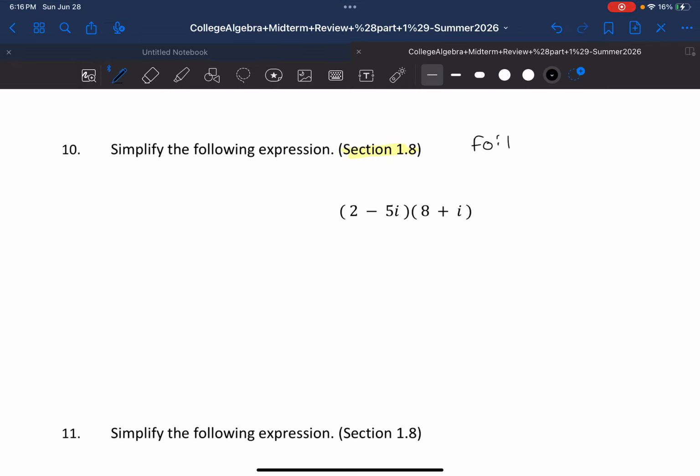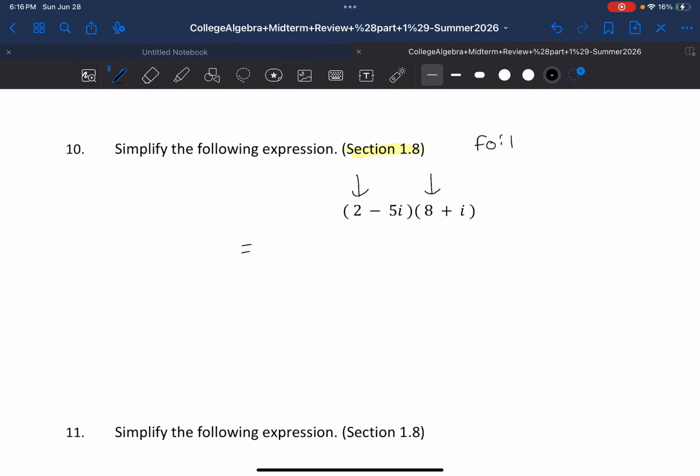So first means we're going to multiply the first two terms, 2 times 8. Outer means we're going to multiply the outside terms that are on the edges of this whole expression. So that's 2 times positive i, which is a positive 2i. So this would just be plus 2i.